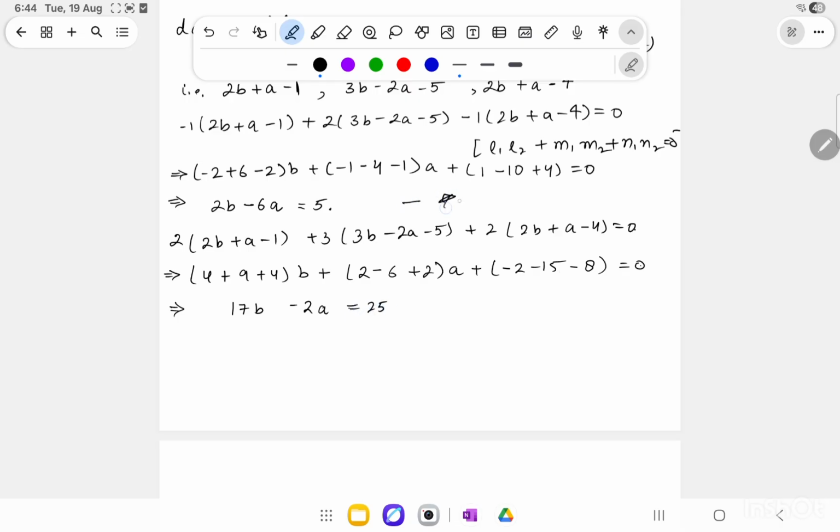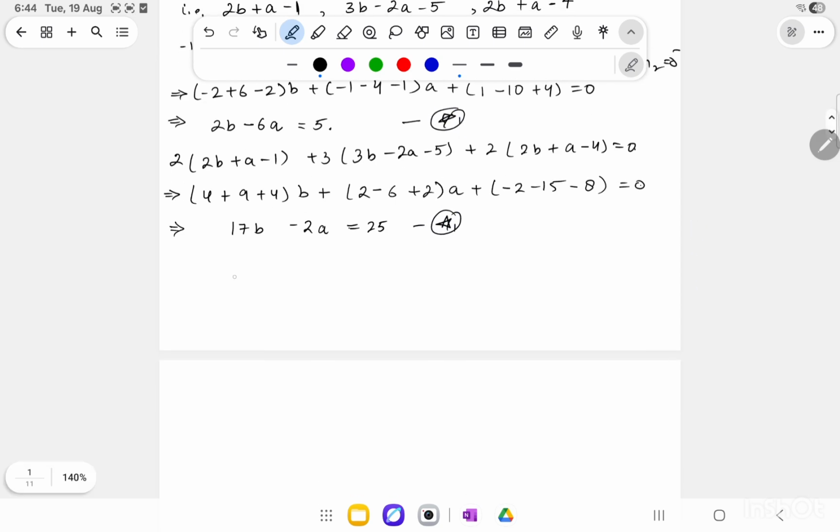So I have these two relations in a and b, and I can just solve these to get the values of a and b. So my two relations are 2b minus 6a equals 5 and 17b minus 2a equals 25. So if I just multiply the second equation with 3 and then subtract the second equation from the first equation, I will get minus 15b equals minus 75 plus 5, minus 70.